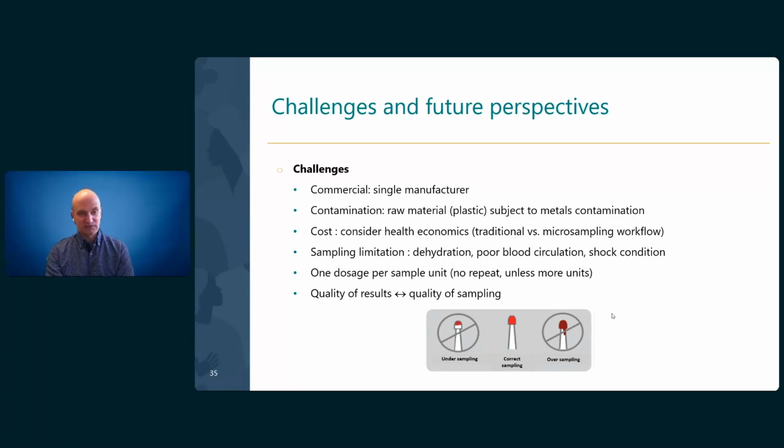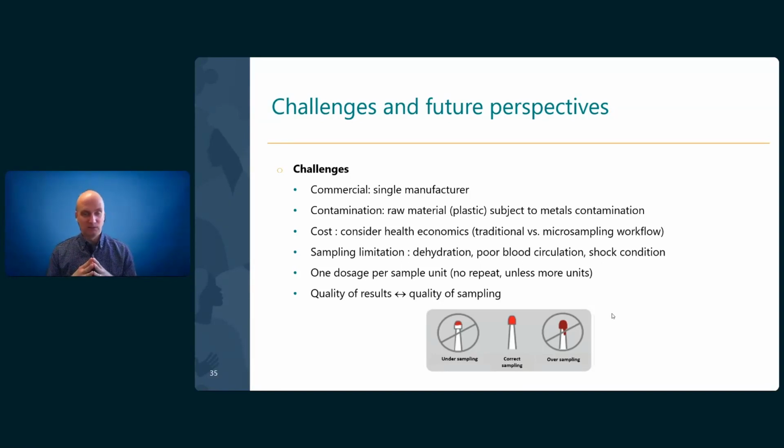Also the cost. When we compare Mitra VAMS devices to a regular sampling tube, obviously there is a difference in the cost. Let's say 10 times more costly for the Mitra VAMS than regular tubes. However, we have to consider the full workflow, the full process, when assessing the costs, and compare with the traditional way.